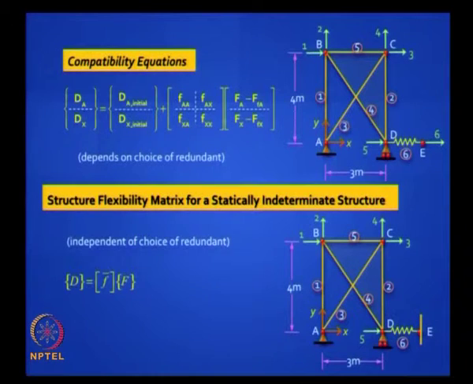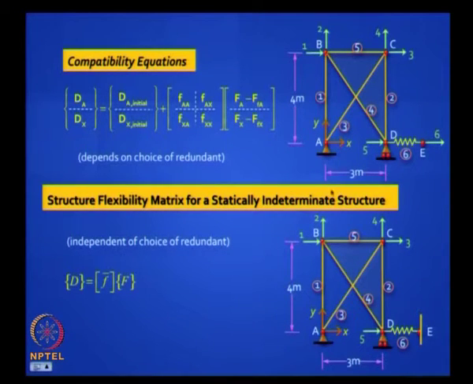So that is interesting. It is just for your general understanding. You can have the flexibility matrix, which I am calling F bar, which does not depend on the choice of the redundant. You know, I could have chosen any bar force here as a redundant, but I do not need to.